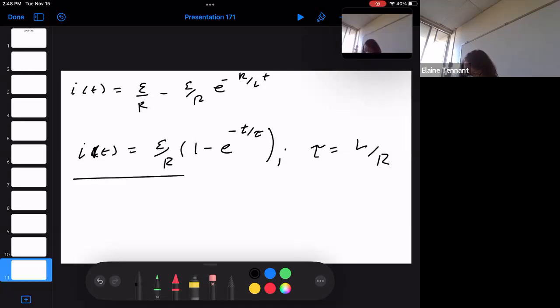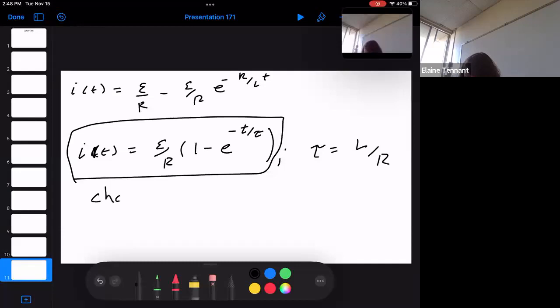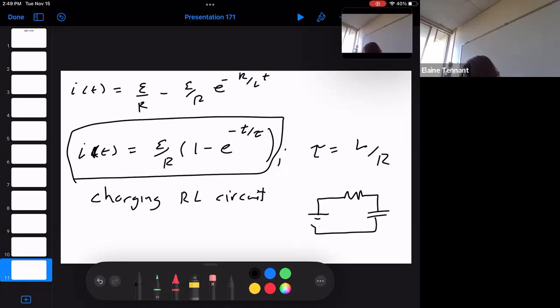Okay. So this is my RL circuit charging. Let me ask you a question. For a capacitor, for an RC circuit, we charged it like that. We hooked it up to charge it, and then we unhooked it.